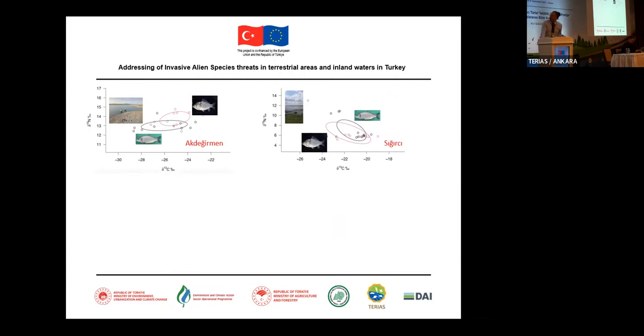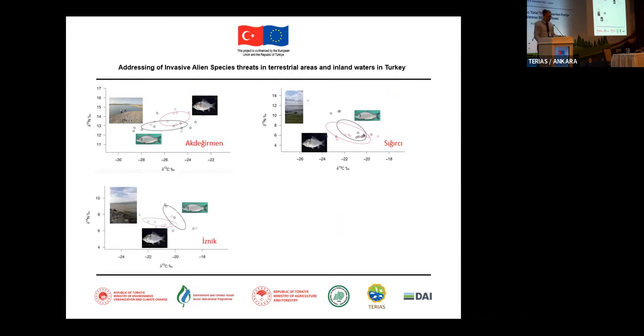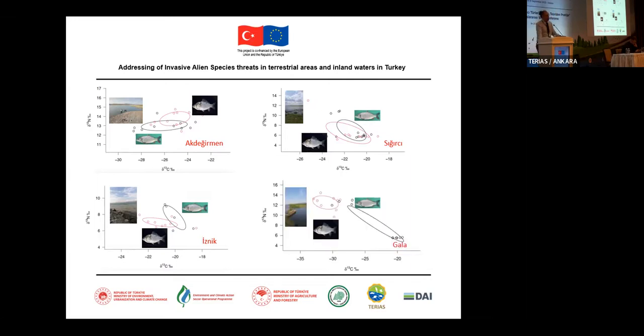For this, you see on the upper panel, we did two different water bodies apart from Seyitler Reservoir, because we already saw that overlap. In the upper panel, we saw two reservoirs, and there's a high overlap between gibel carp and common carp. But in the opposite way, in one case, in Lake Gala, there is no overlap at all.